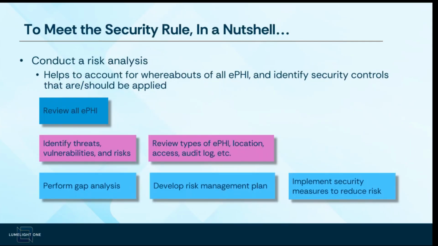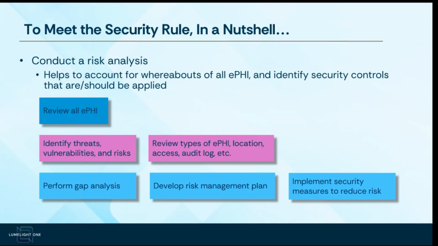The very first step for a covered entity to comply with the security rule will always be conducting a risk analysis. This risk analysis is the bedrock for any covered entity's compliance with the HIPAA security rule. A risk analysis requires a thorough and accurate assessment of any potential risks and vulnerabilities to the confidentiality, integrity, and availability of ePHI that is held by the covered entity.